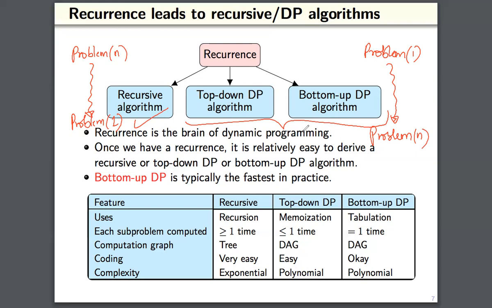And then you attack the final problem. So that is bottom up. Suppose you started computing the solutions of problem 1, problem 2, problem 3, problem 4, and so on up till n. In that manner, if you find the solutions to subproblems, that is called the bottom-up approach.